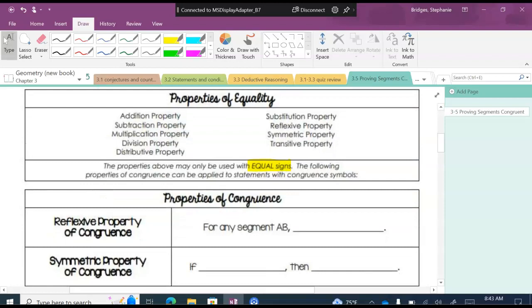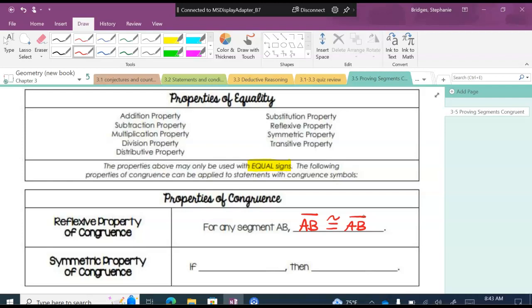So the reflexive property of congruence says that anything is congruent to itself, same size, same shape. So for any segment AB, we could write that segment AB is congruent to itself, segment AB. You have to make sure you put those bars above the A and the B because you're referring to an object, not an actual length or a number, okay?